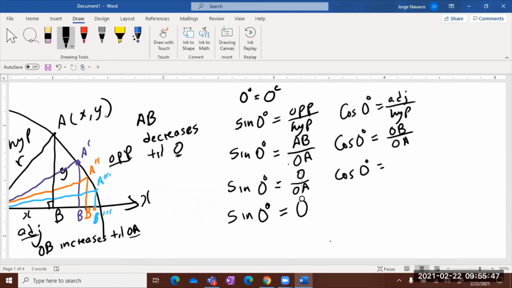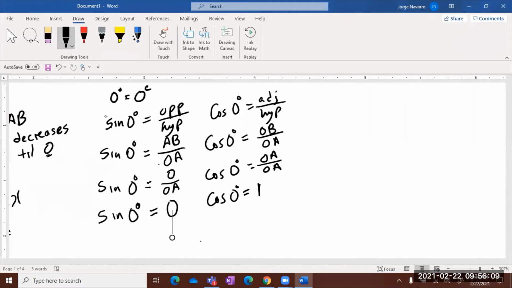OB, we say, increases until it becomes the radius. So it increases until it becomes OA. So OA divided by OA is what? Any number divided by itself gives me what? 1. Gives me 1.